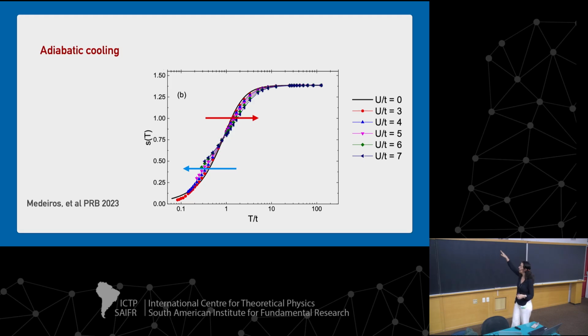On the other hand, if you start below the crossing point, what happens is you increase U and you decrease the temperature of the system. So this is a very nice way of cooling your atoms on a Kagome lattice. If you manage to reach the starting point below the log 2 entropy, then just by increasing the interaction strength, you cool your system.